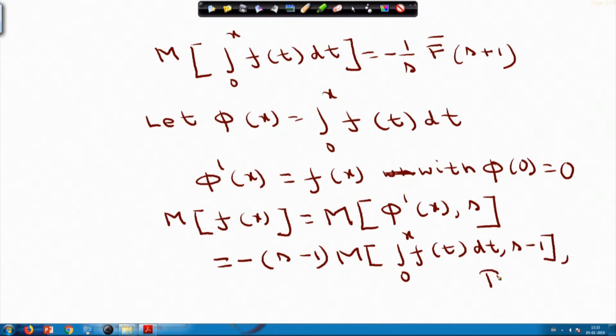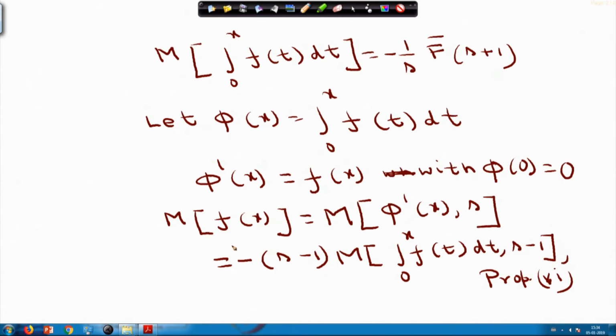This we are getting from property 6. Please note this: from property 6 directly we can write the Mellin transform of phi dash x equals minus s minus 1 times the Mellin transform of the integral from 0 to x of f(t) dt, where the variable is s minus 1. So basically, from the derivative property, that is property 6, we can obtain this.